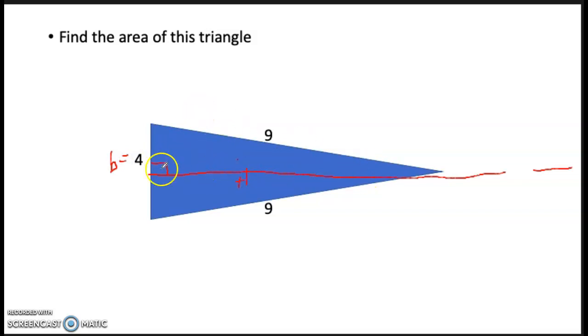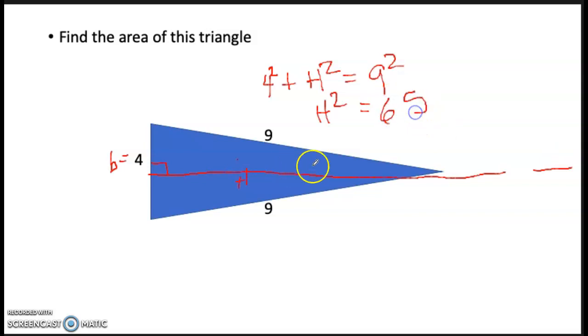I can use Pythagorean on one side of this triangle, and I can say that 4 squared plus h squared equals 9 squared, because 9 is my hypotenuse. H squared would be 81 minus 16. What is 81 minus 16? Which would be 65. And so h is the square root of 65.